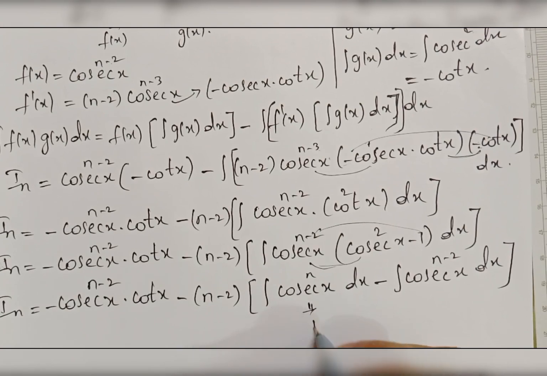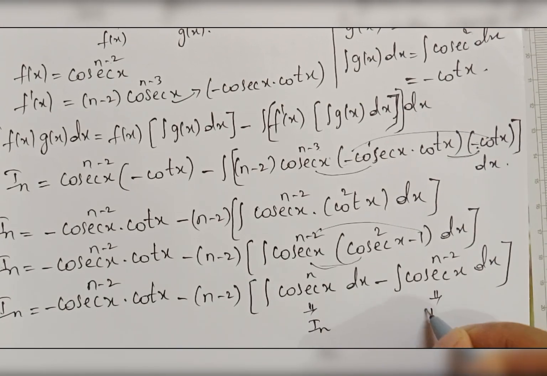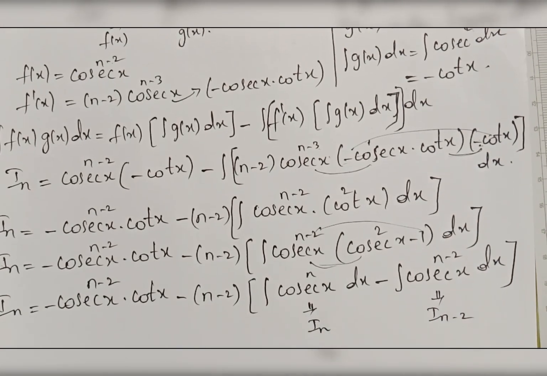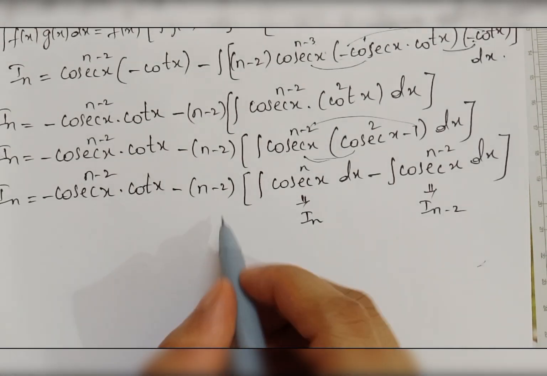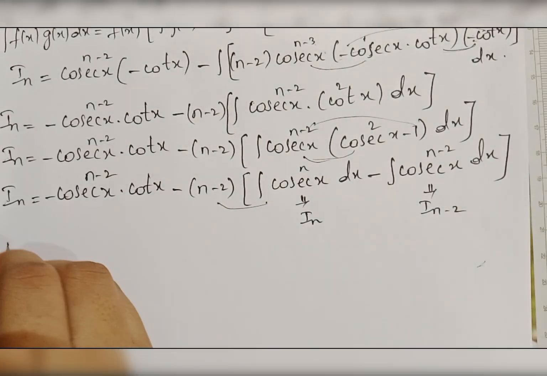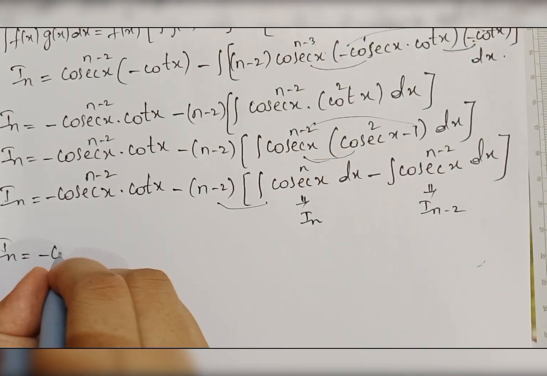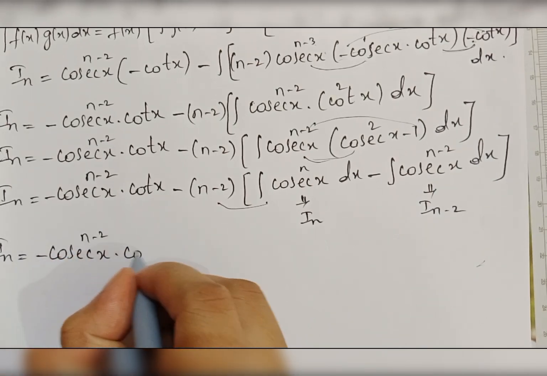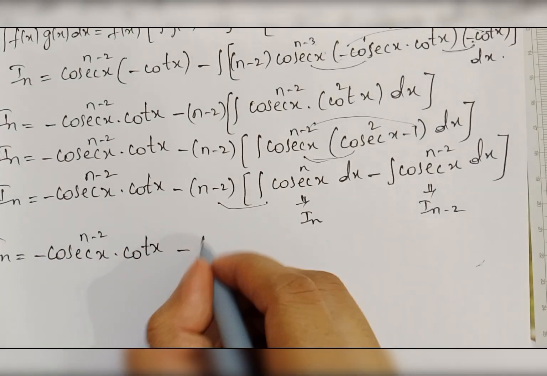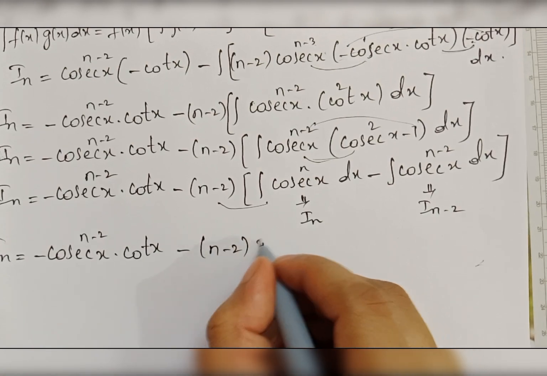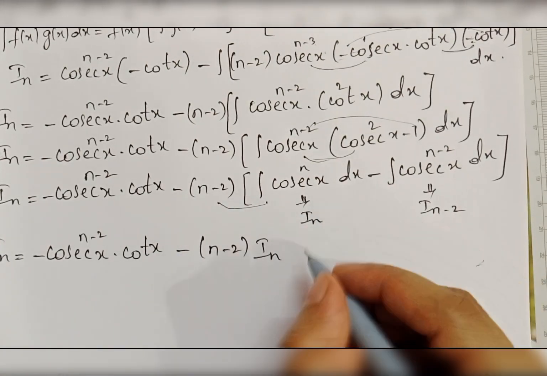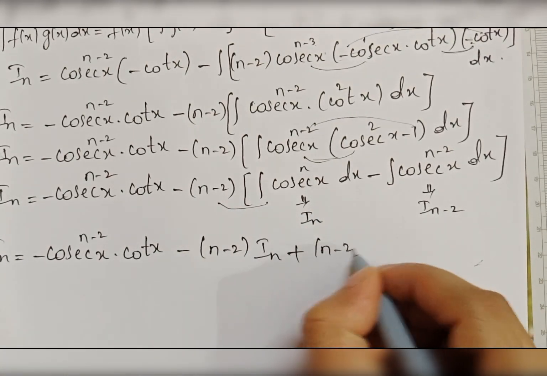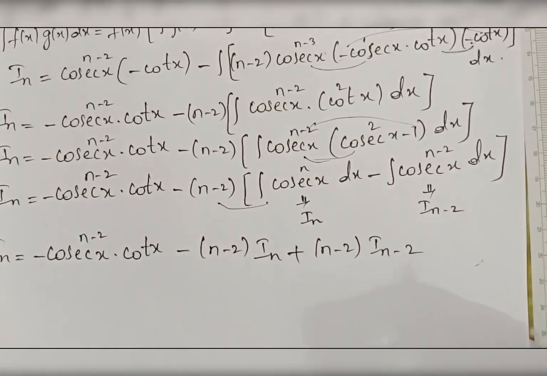Now this value is I_n and this value is I_n minus 2. Multiplying this n minus 2 inside, so I_n is equal to minus cosecant x power n minus 2 into cot x minus n minus 2 into I_n, minus into minus becomes plus, and again n minus 2 into I_n minus 2.